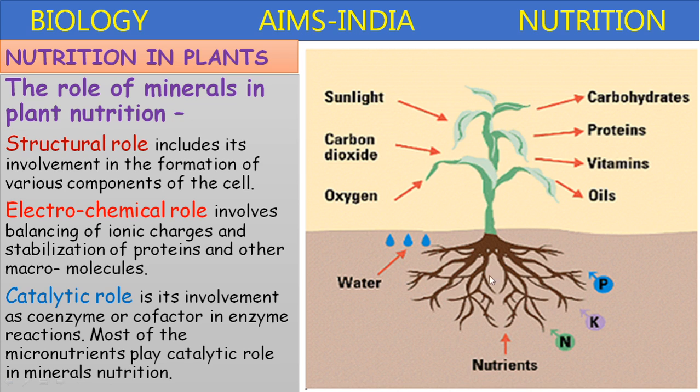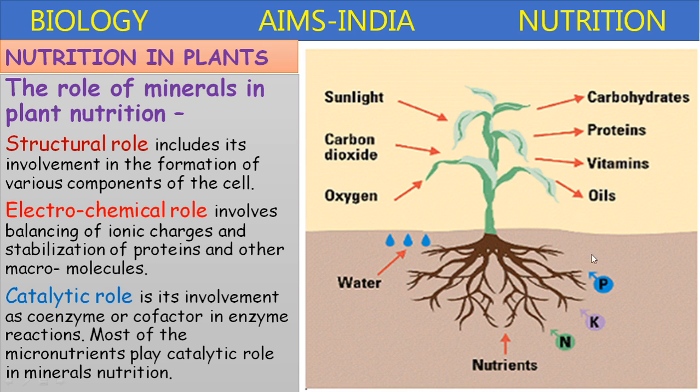Generally, the minerals are divided into macro and micro elements. Macro means the elements which are required in large quantities, micro in small quantities. Here the picture is showing the major or primary elements like nitrogen, potassium and phosphorus. They are present in the soil. They are absorbed through the roots along with the water present in the soil.